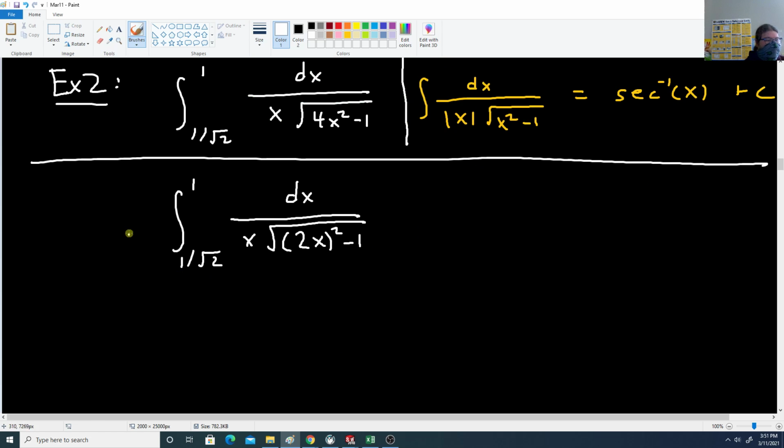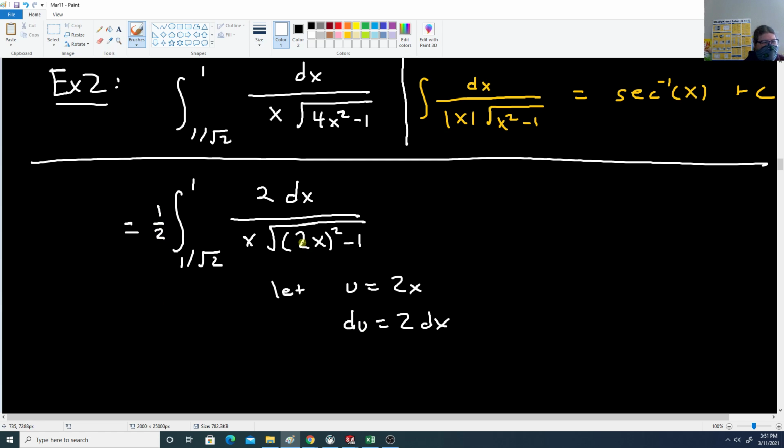So at this point, we will let u equal 2x. Then if u is 2x, then du would be 2dx. So I have the dx up here. I need the 2, and if I put the 2 up there, I'm going to need a 1/2 out front.